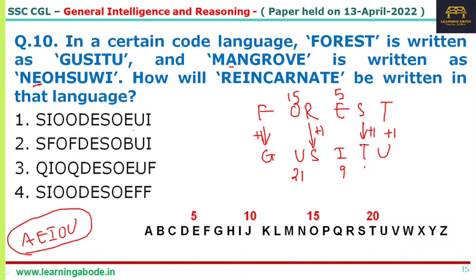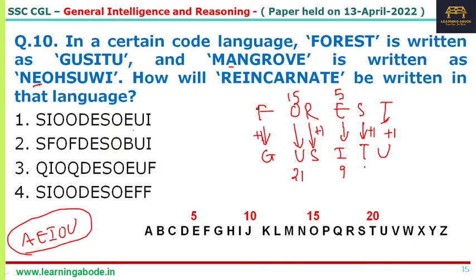If you're getting O, next vowel is U. If you're getting E, next vowel is I. But if you are getting a consonant, they're just going for the next letter. For example, here T, they are not going for the next consonant, they're just going for the next letter.